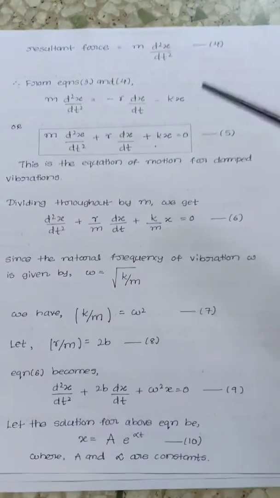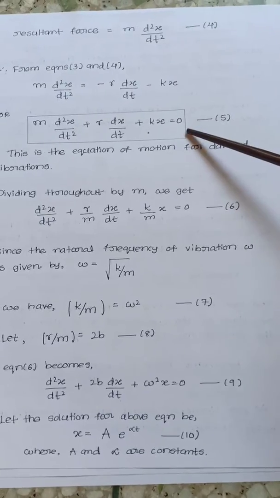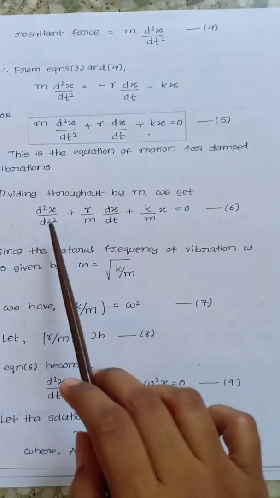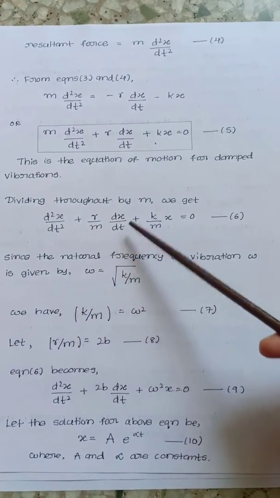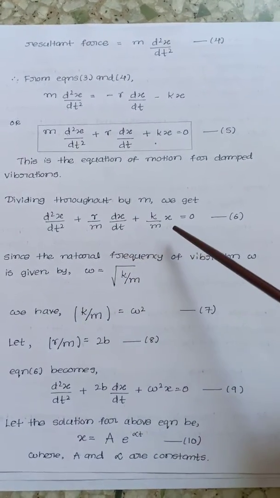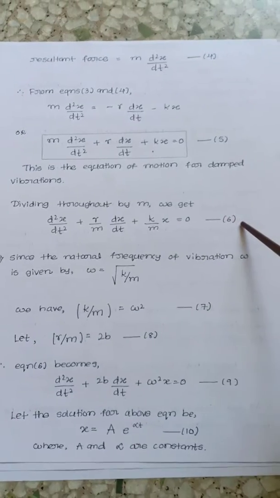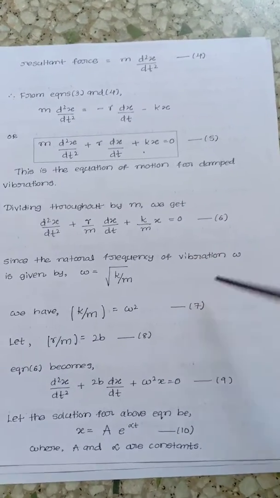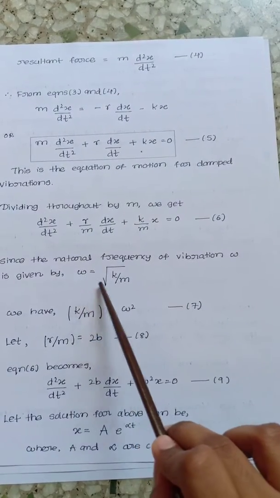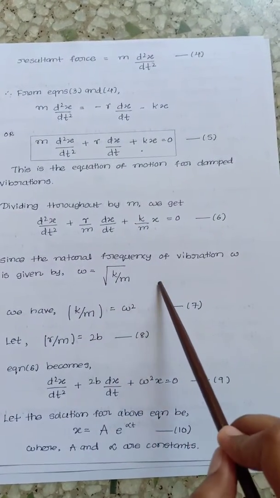Now you have to divide throughout by m. Then you will get d square x by dt square plus r by m dx by dt plus k by m x is equal to 0. Now the natural frequency of vibration omega is given by root of k by m.